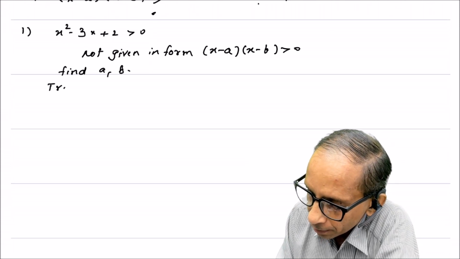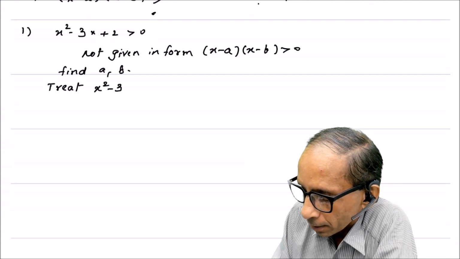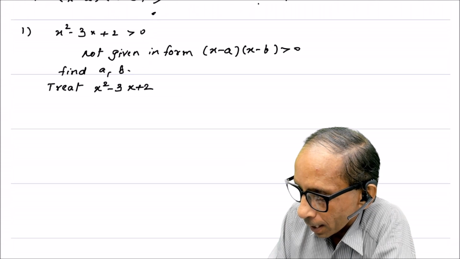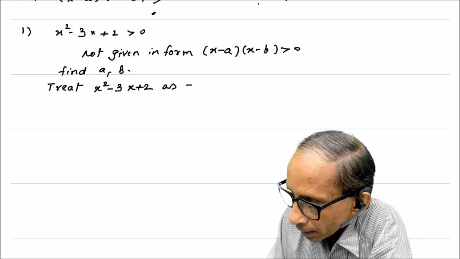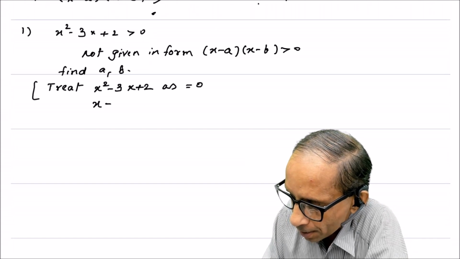Treat the quadratic as equal to 0 and solve for x.